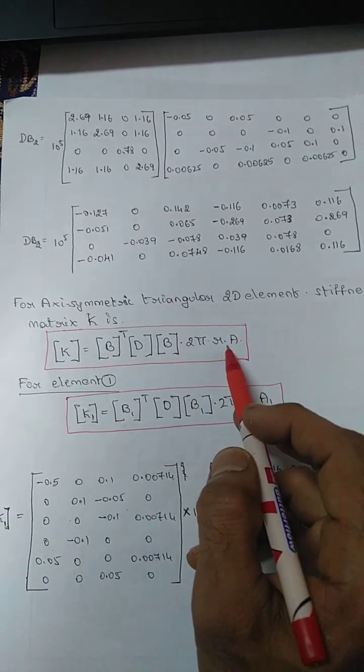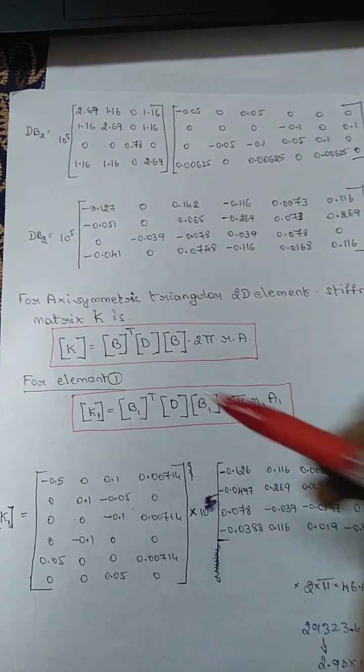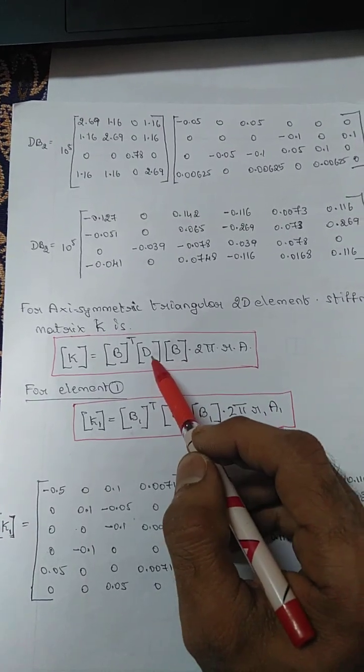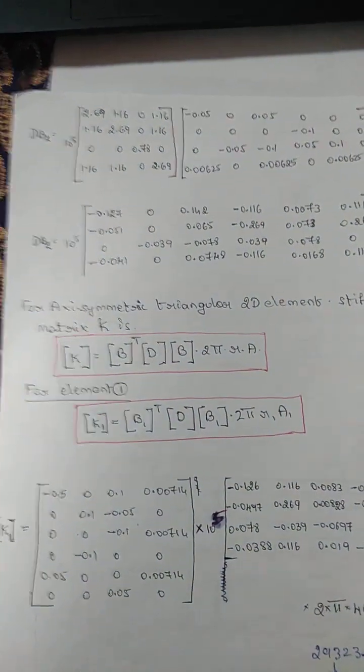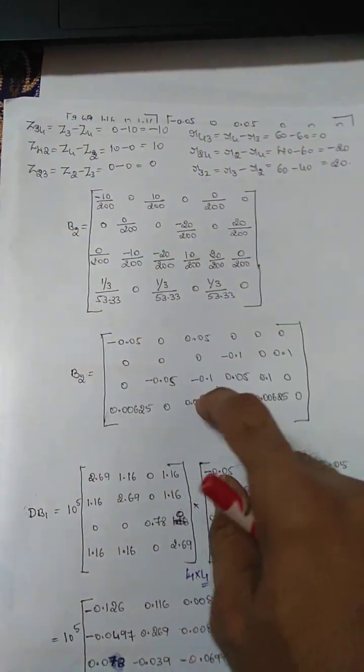This is our final equation. Now we have the B value and D value: there are two B values, B1 and B2, and only one D value.